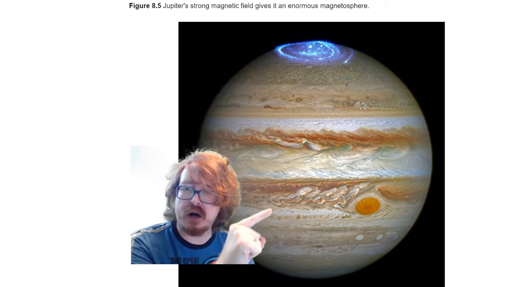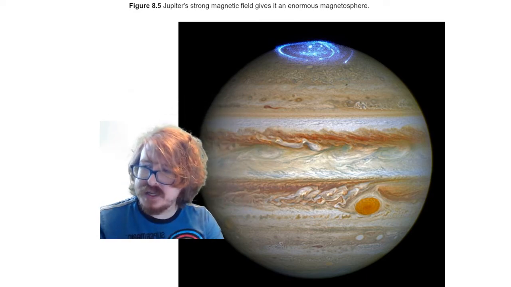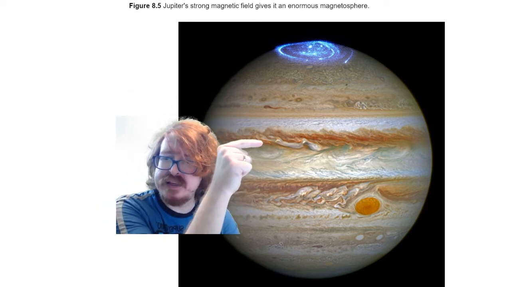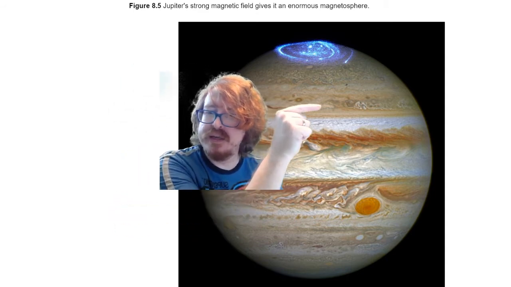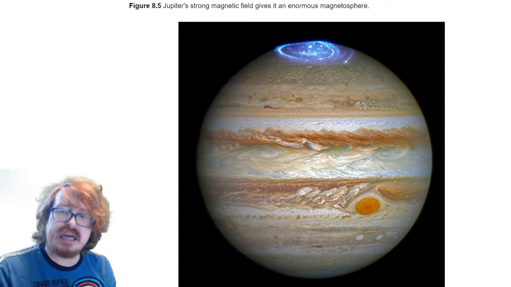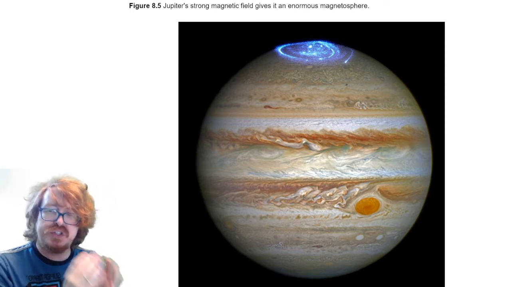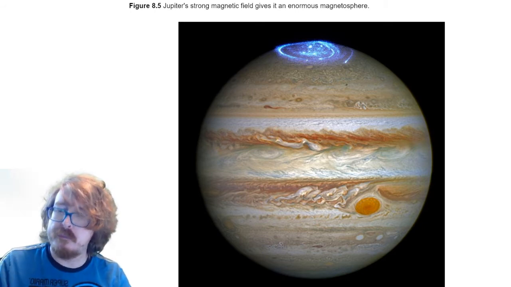Light-colored stripes are called zones. Dark-colored stripes, like this one, or this one, or this one, are called belts. So light-colored stripes are called zones, and dark-colored cloud stripes are called belts.